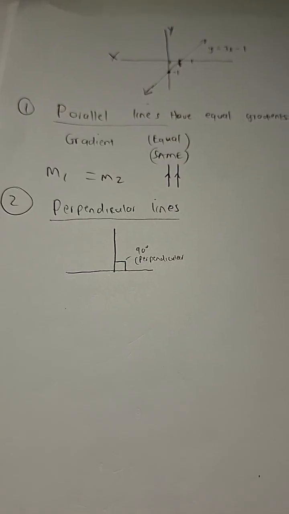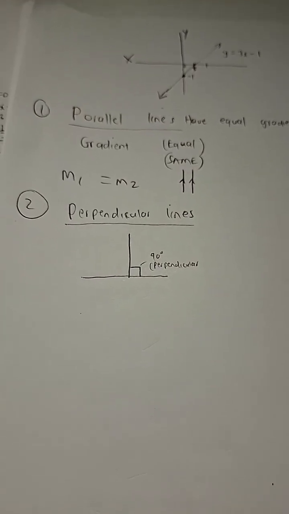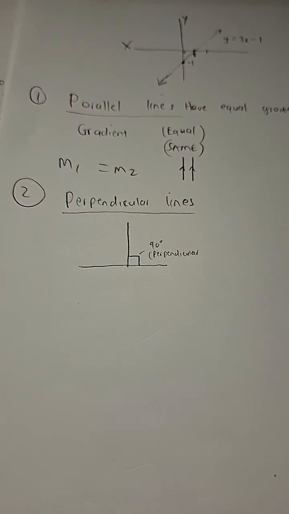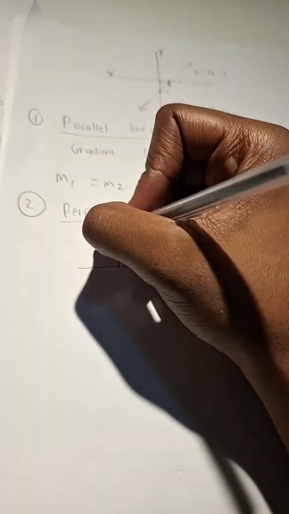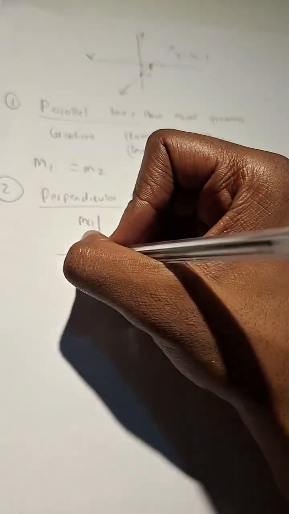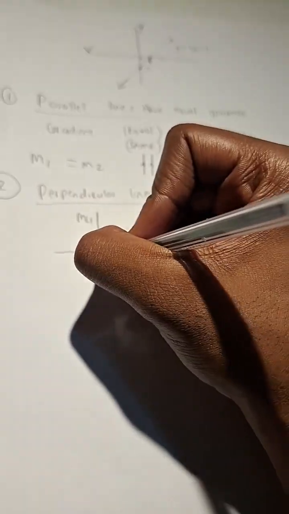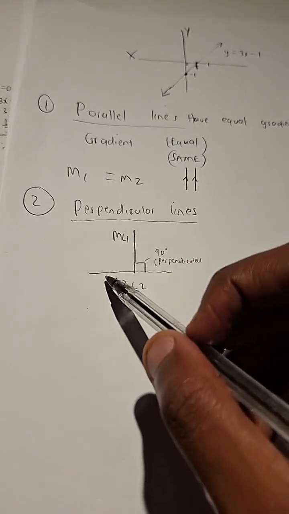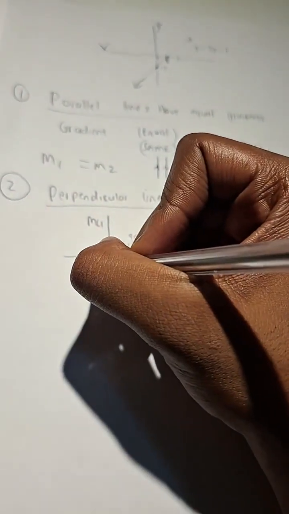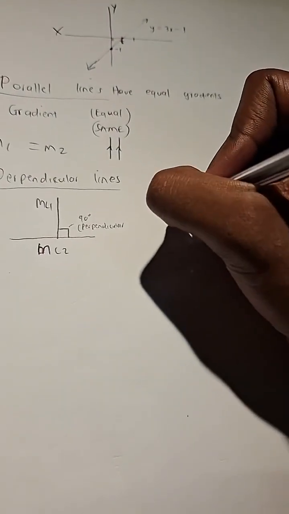No, Nenweli, the gradient is not 1. If the vertical line is line 1 and the horizontal line is line 2, what do we know about their gradients?